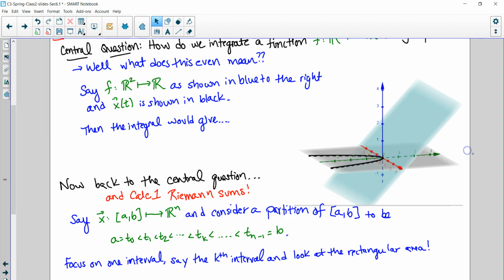Okay, and I'm just going to get rid of this screen shade. So, let's say we have a function given as shown to the right in light blue, and then the path x of t is shown in black.